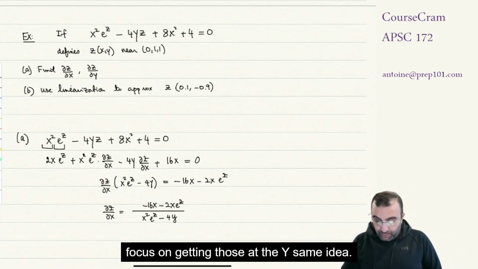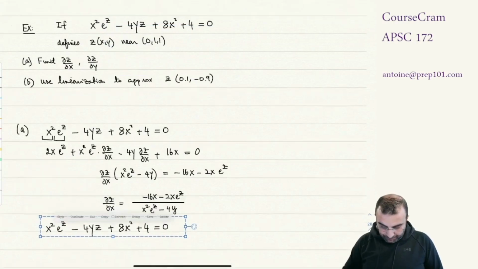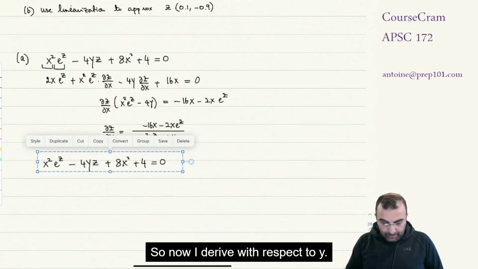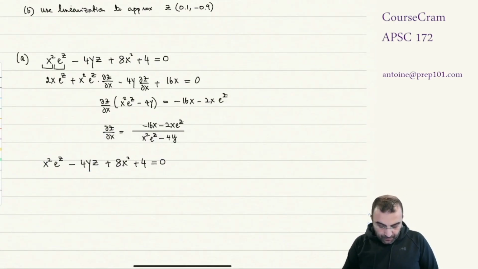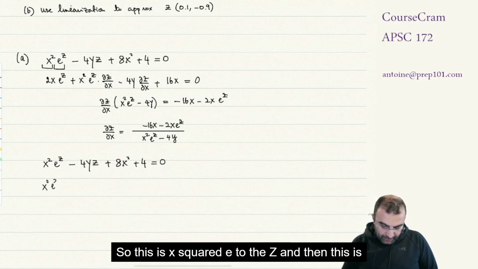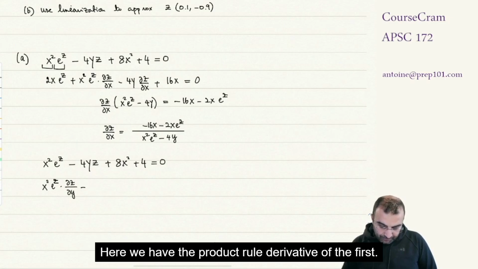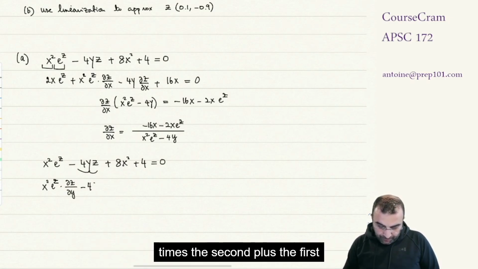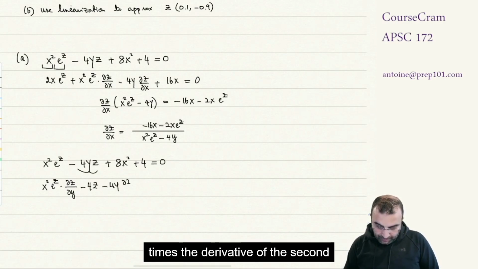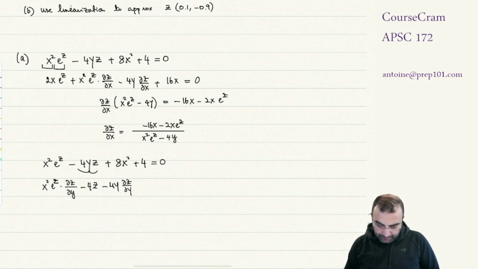Let's now focus on getting del z del y. Same idea. So now I derive with respect to y. So this is x squared e to the z, and then this is del z del y. Here we have a product rule. Derivative of the first times the second plus the first times the derivative of the second.